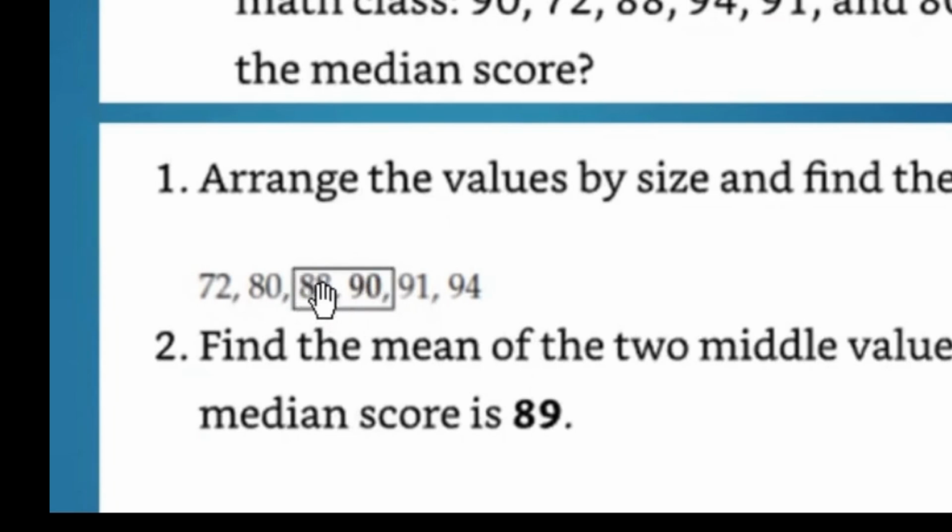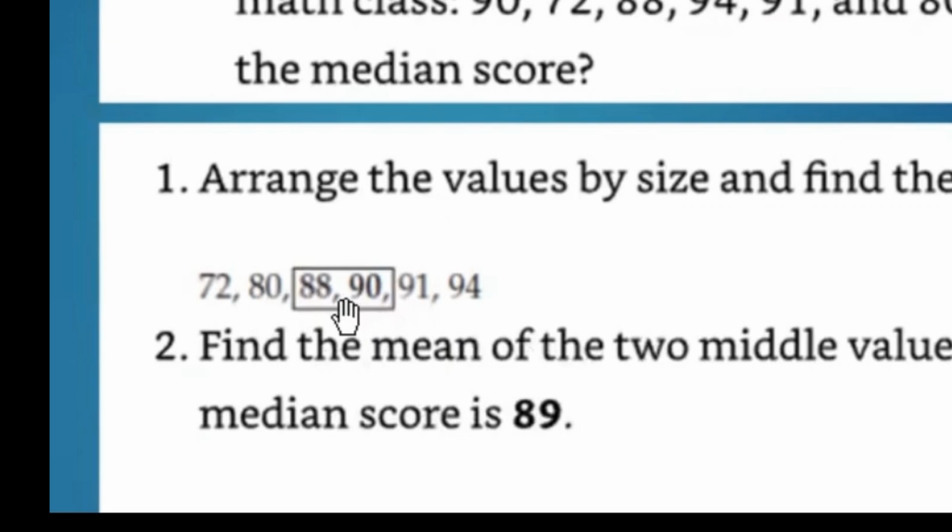So we have 88 plus 90, and that's 2 values, right? 88 is 1, 90 is 2. Okay, so that's why we're dividing by 2. So 88 plus 90 divided by 2, and you would find that the median score is 89 in this particular instance, okay?